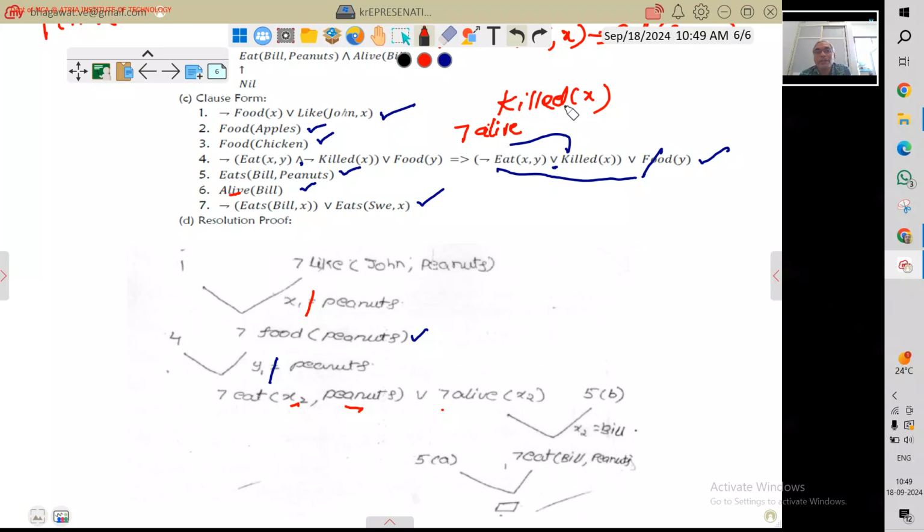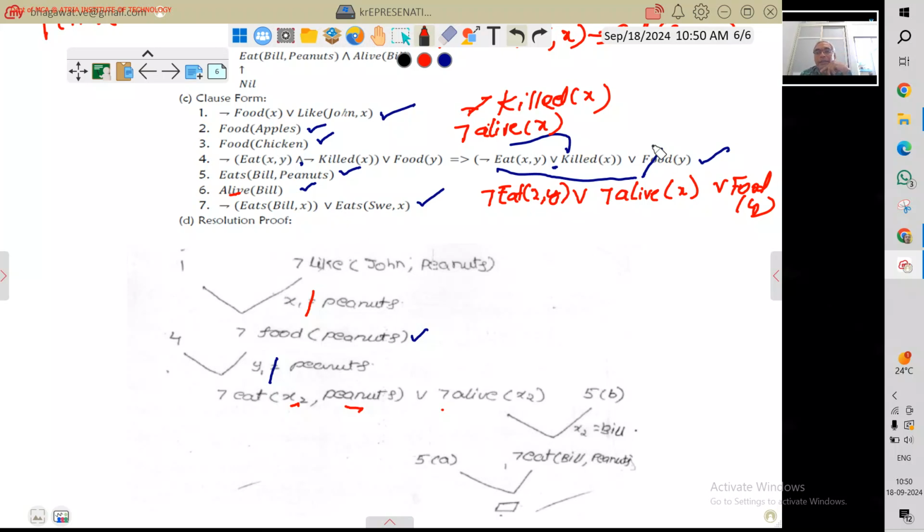So killed of x can be replaced with negation alive of x, because one predicate alive is already there. If you put a negation to that, not alive means it is nothing but killed. So here we replace this with negation eat x comma y or negation alive x, that means killed of x, or food of y. So this we are going to add.